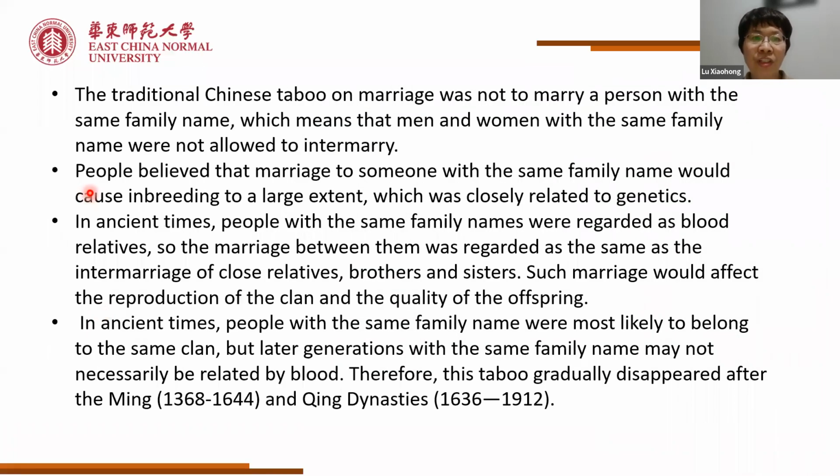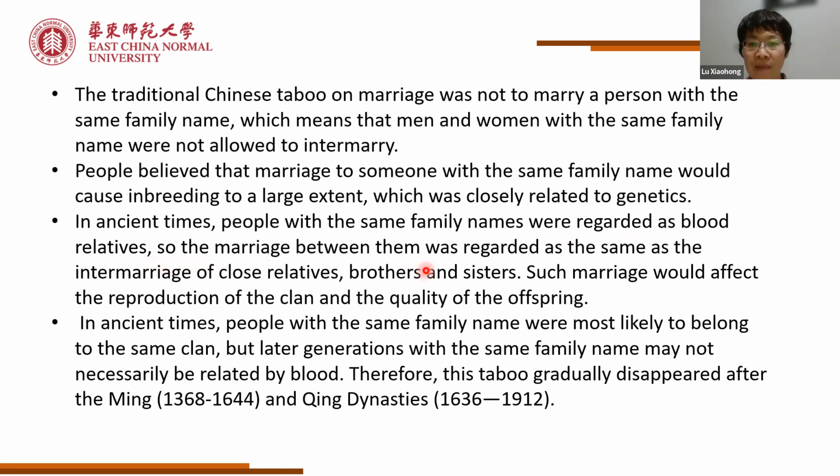Now, the traditional Chinese taboo on marriage was not to marry a person with the same family name, which means that a man and woman with the same family name were not allowed to intermarry. People believed, at that time, that marriage to someone with the same family name would cause inbreeding to a large extent, which was related to genetics. So in ancient times, people with the same family names were regarded as blood relatives.